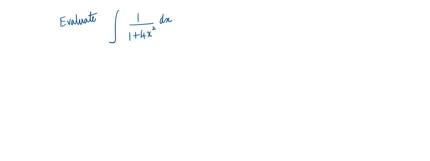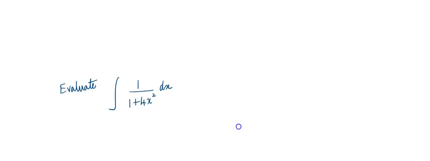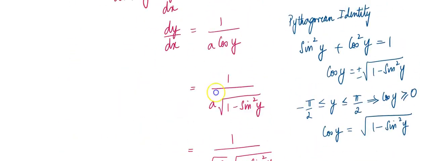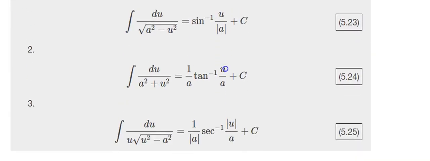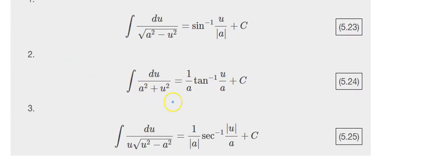Our next problem is evaluate the integral 1 over 1 plus 4x squared dx. Notice how there's no square root in the bottom, and it is a plus, 1 plus 4x squared. So do we have a matching formula for this? Let's go back. Yes, in fact, the second one is the only one without a square root and with a plus, and that is to do with the inverse tan.